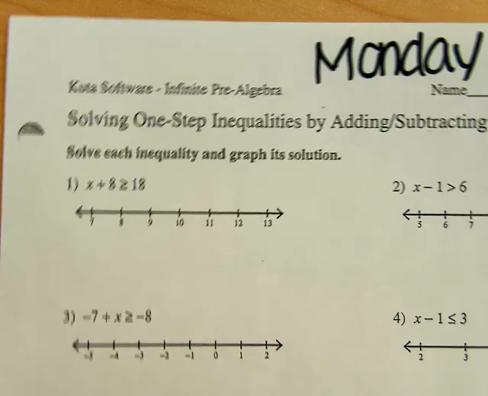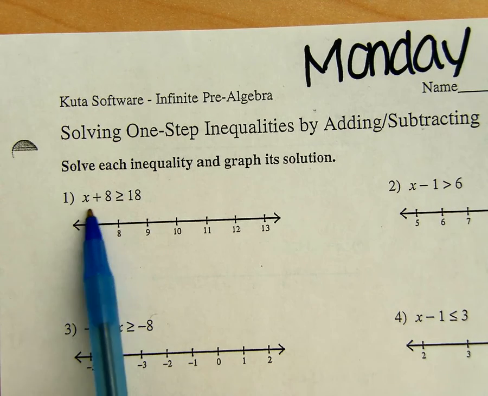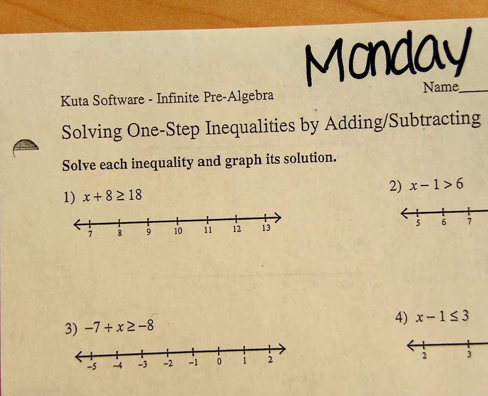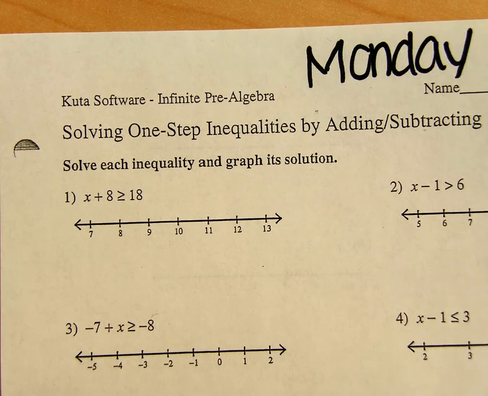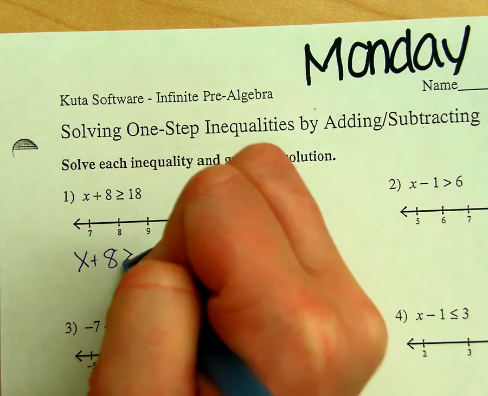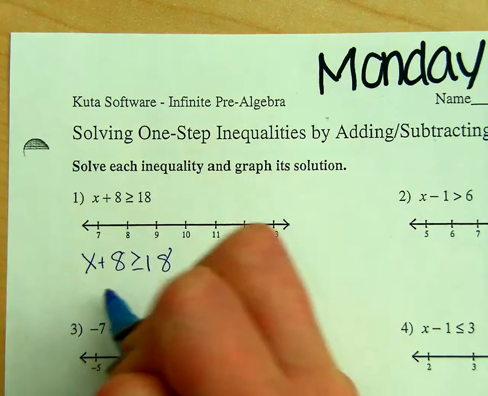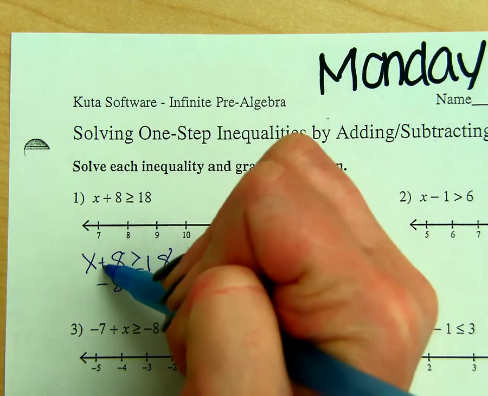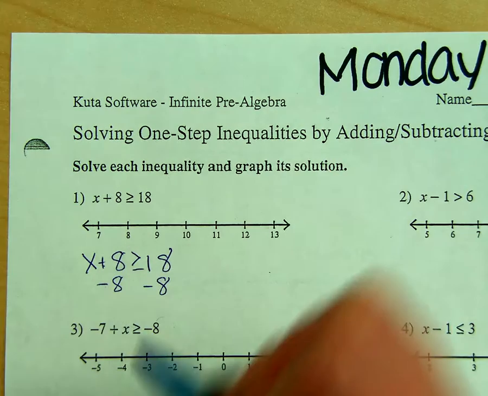So for number 1, it's x plus 8 is greater than or equal to 18. First thing you need to do, because it is a plus 8, I'm going to rewrite it down here so I have space. You're going to subtract 8 from both sides, because it's a positive 8 minus 8. They will cancel out.